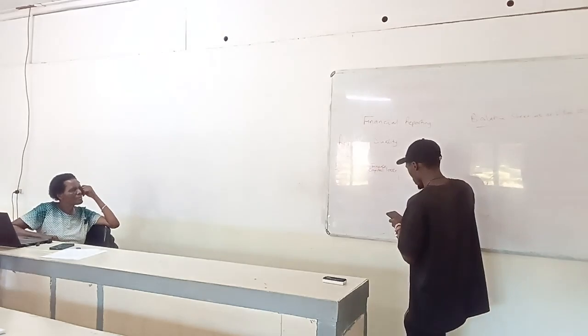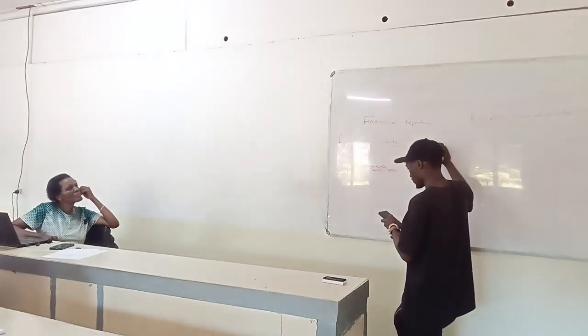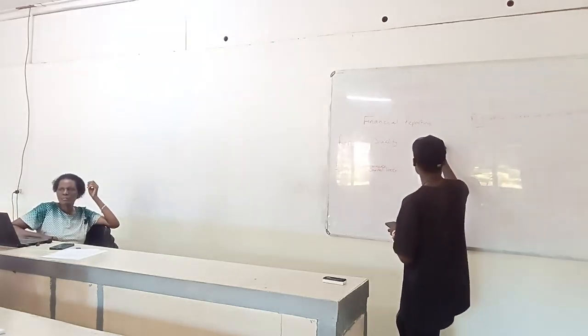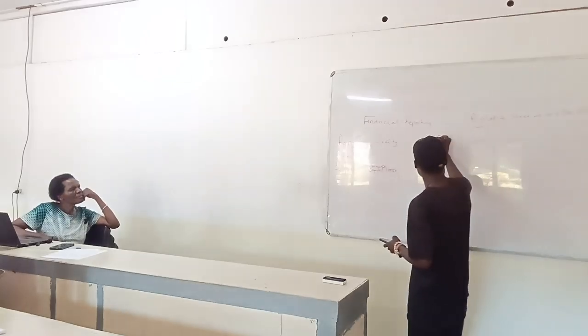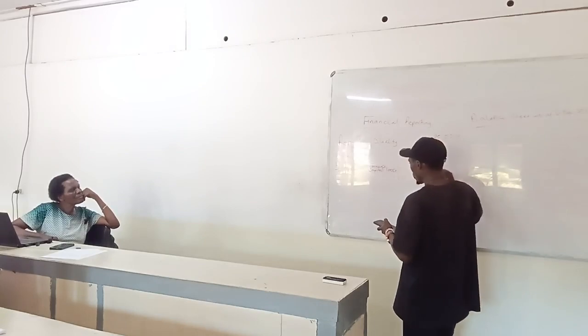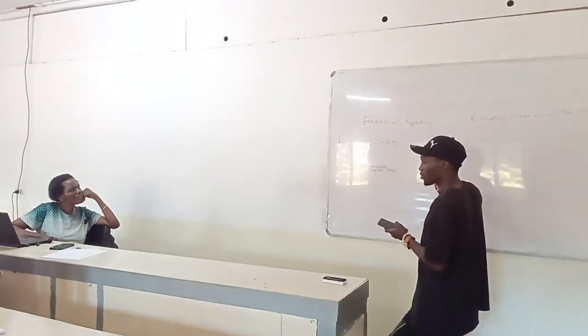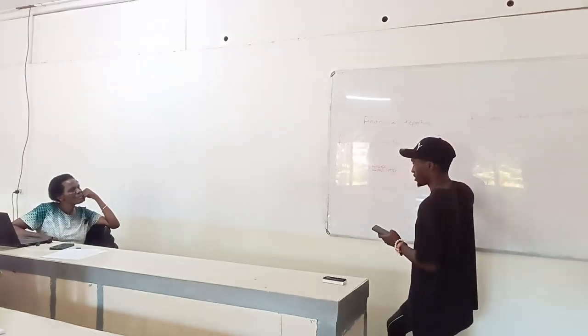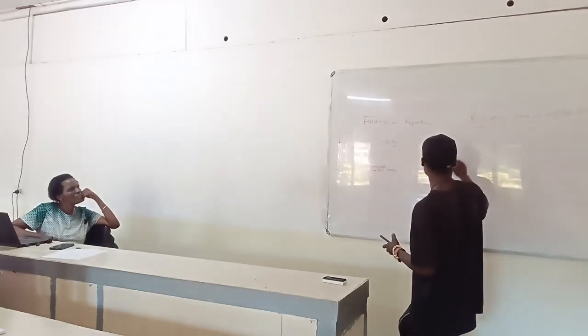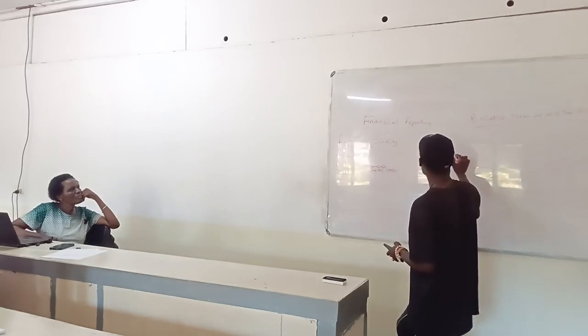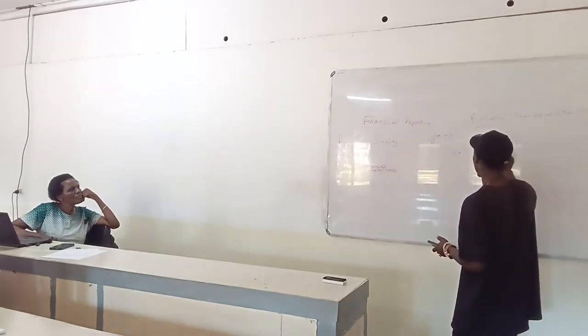Yes. Let's say we have 85,000 as our lease. So then we'll have the right of use, right? If we are using the right of use, then we'll have an initial, let's say an initial of 17,000.